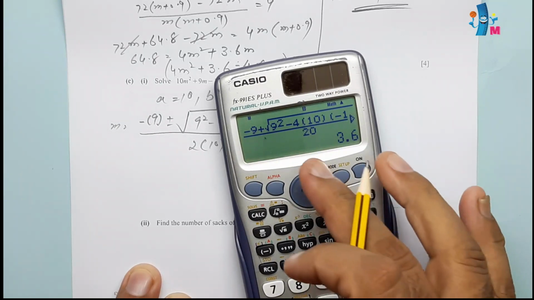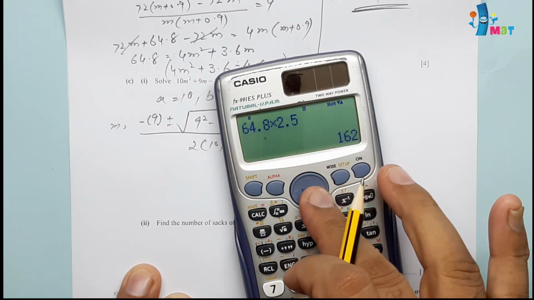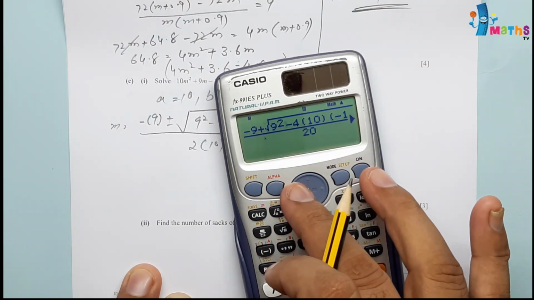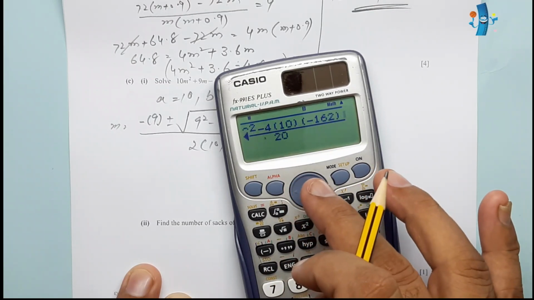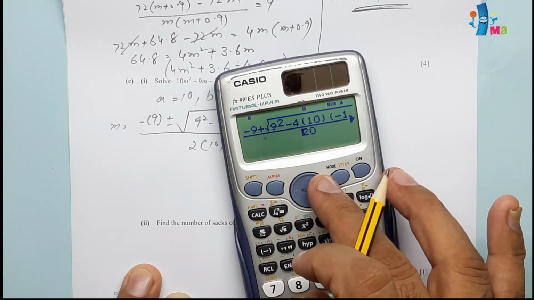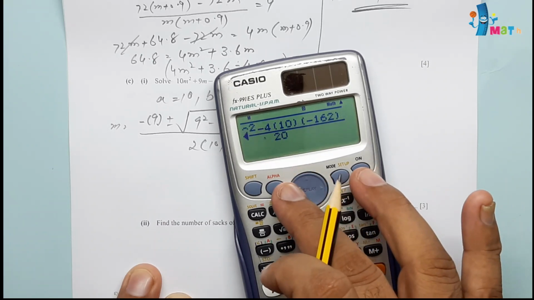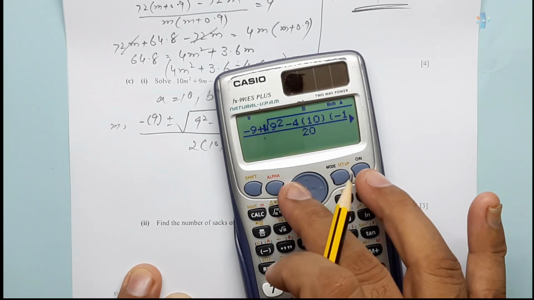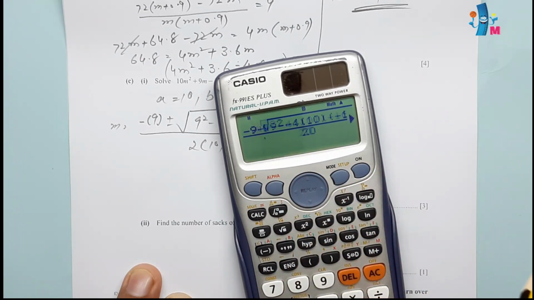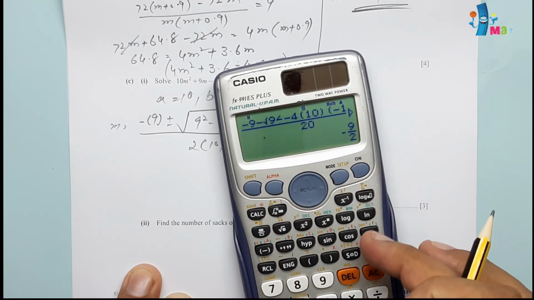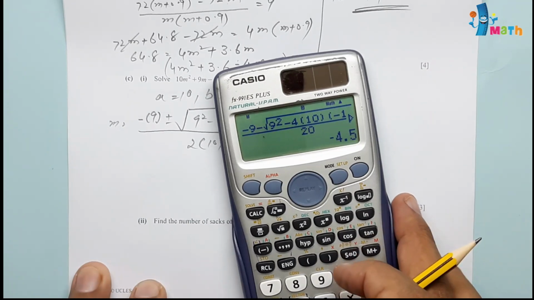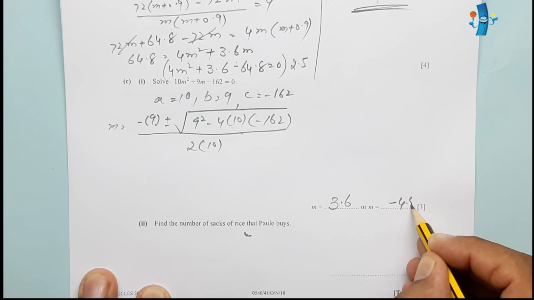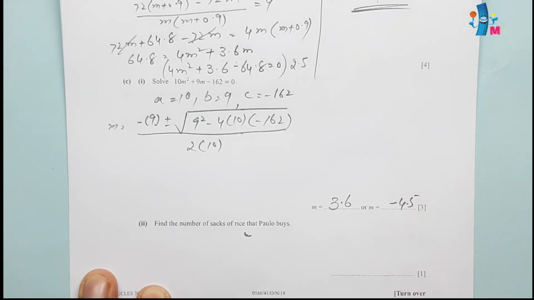Now we will change the negative sign, and this will be equal to minus 4.5. So the other answer is minus 4.5.